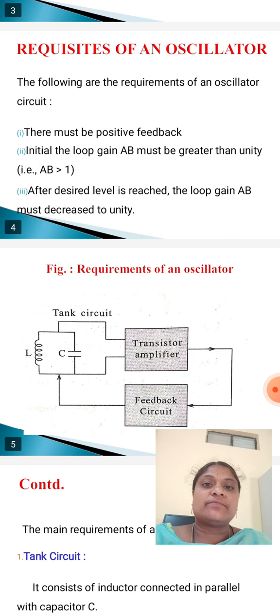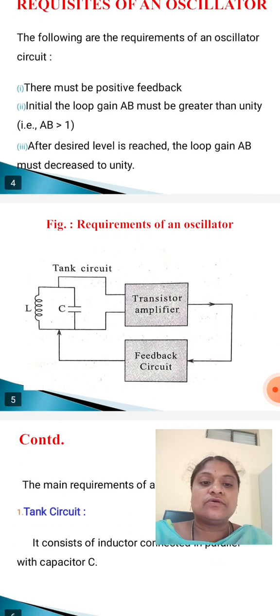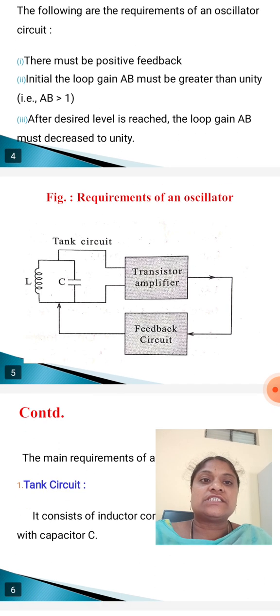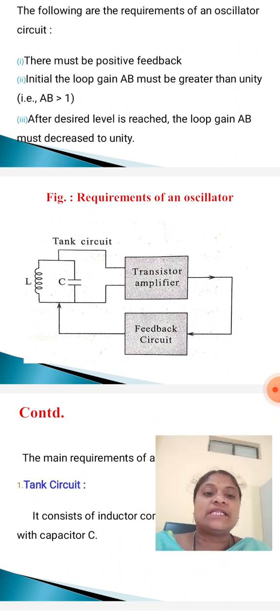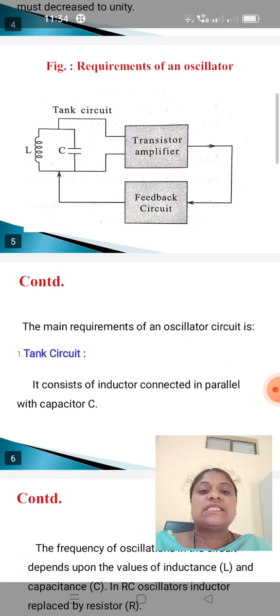And the third requirement of an oscillator circuit is that after the desired level is reached, the loop gain A beta must decrease to unity. So these are the main requisites of an oscillator circuit. See this figure.